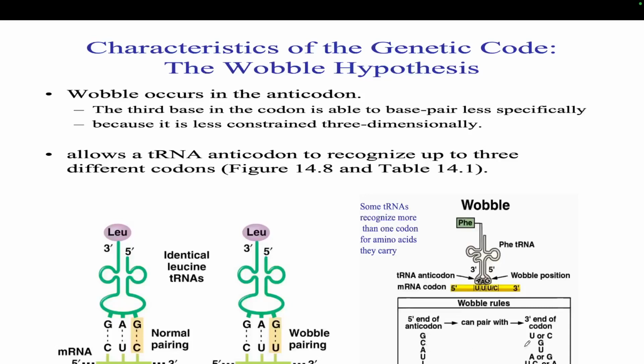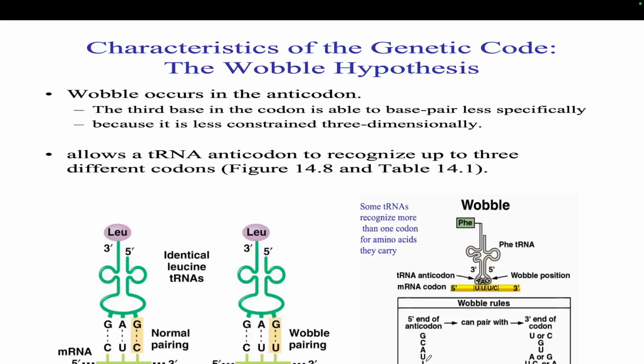Likewise, this cytosine can base pair with guanosine, and this adenine can base pair with uracil, and uracil can base pair with adenine and guanine, and this inosine can base pair with U, C and A.